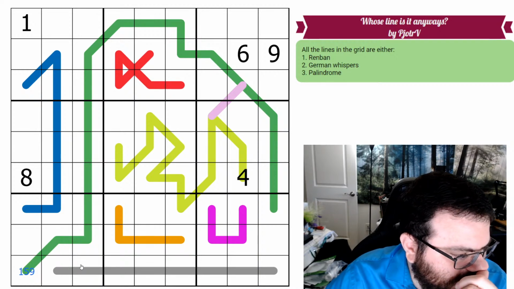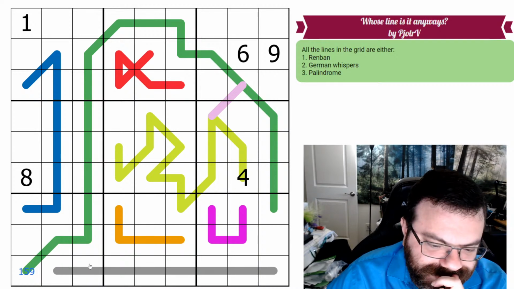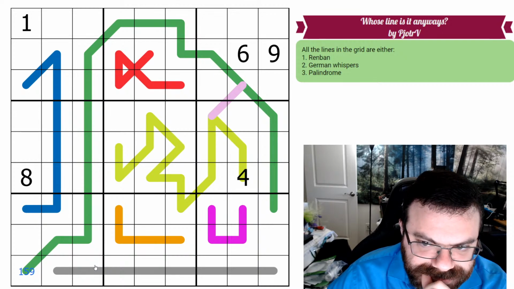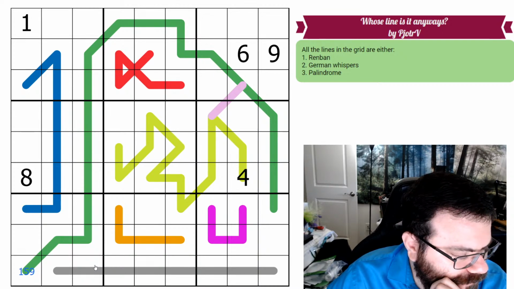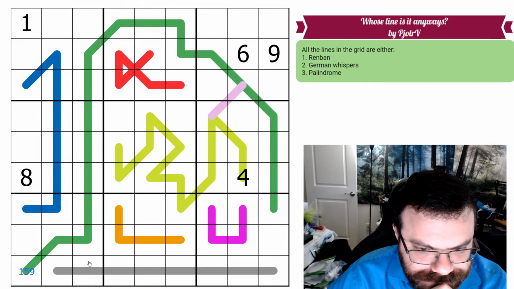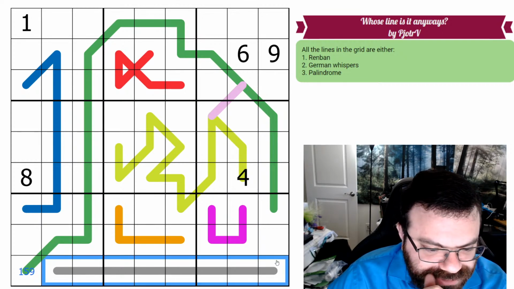Yeah, you're going to have the 4, 9, 3, 8, 2, 7, and 1, 6 next to each other if it's whispers.